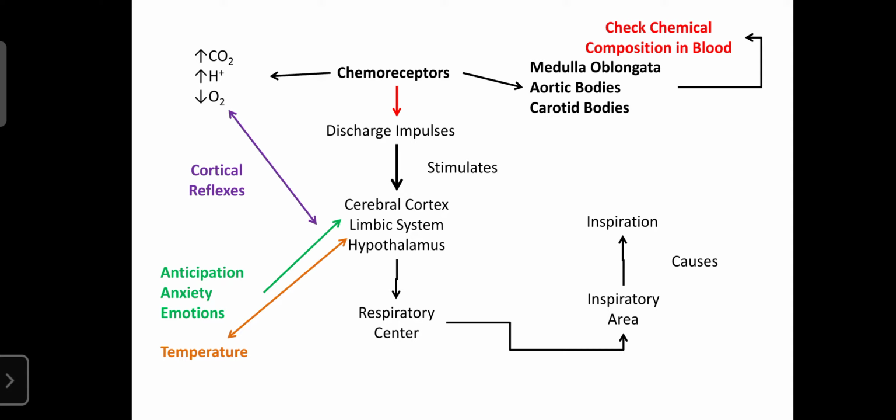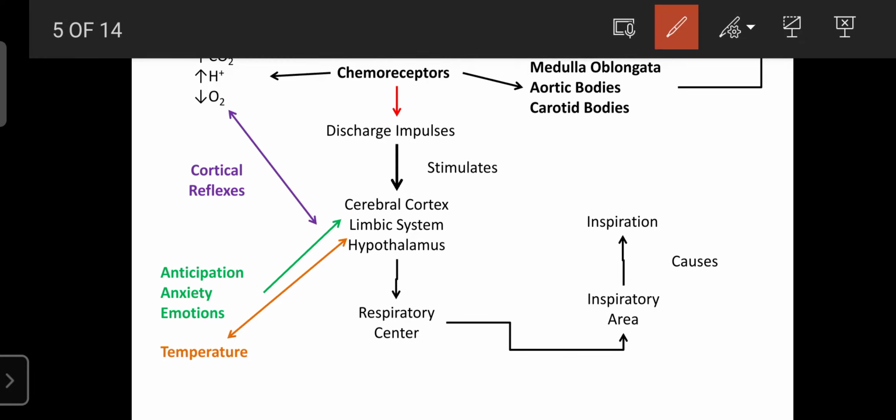These chemoreceptors discharge impulses when the blood passes through the medulla oblongata, aortic bodies and carotid bodies, and when the carbon dioxide level increases, or hydrogen ion concentration increases, or the oxygen level decreases.